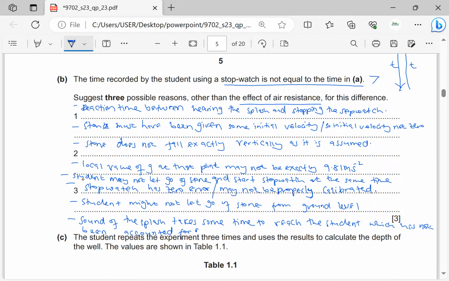It's hard to let go of the stone and start the stopwatch at the same time. This is going to automatically affect the value of time.